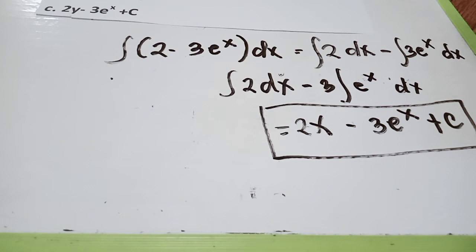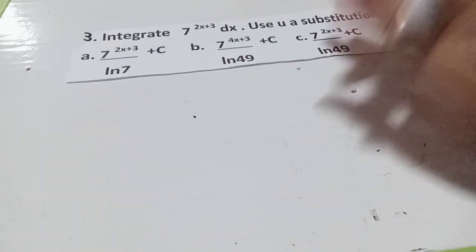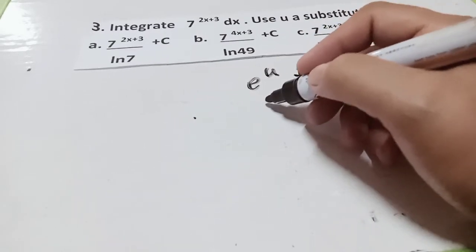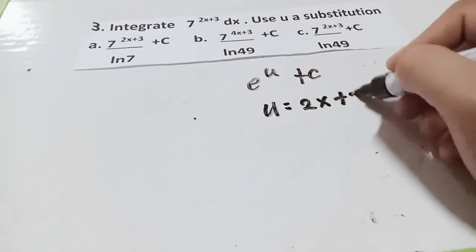And let's have number 3. Integrate 7 e^(2x+3) dx. We will use u as a substitution. How do we do that? First, we have the formula e^u plus C. Take note, our u will be 2x plus 3.